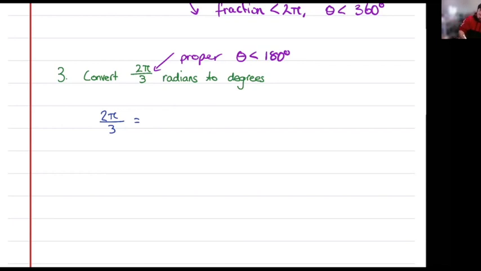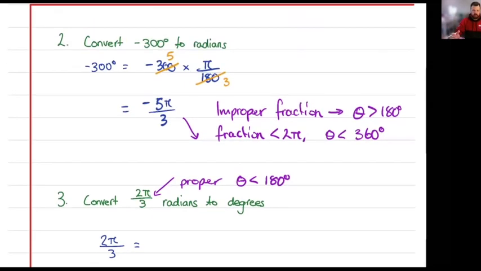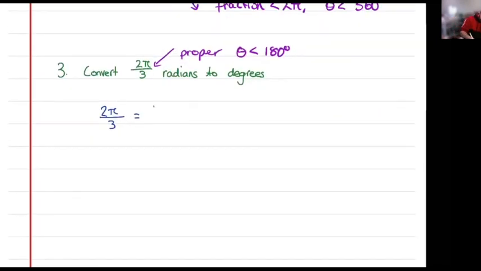Now let's actually do the conversion. Remember, to convert from radians to degrees, we do the opposite from degrees to radians. So if from degrees to radians we multiplied by pi over 180, we're going to multiply 2 pi over 3 times 180 over pi.